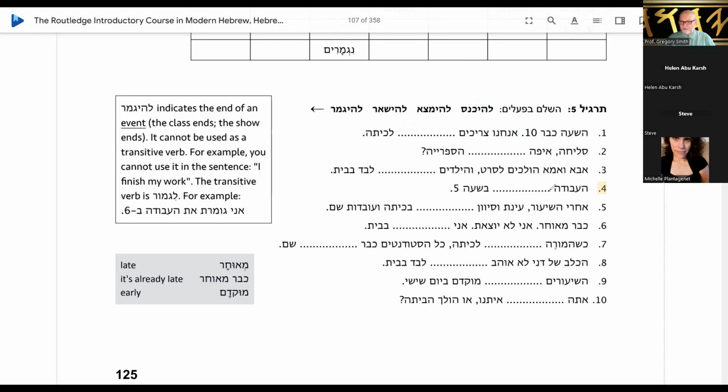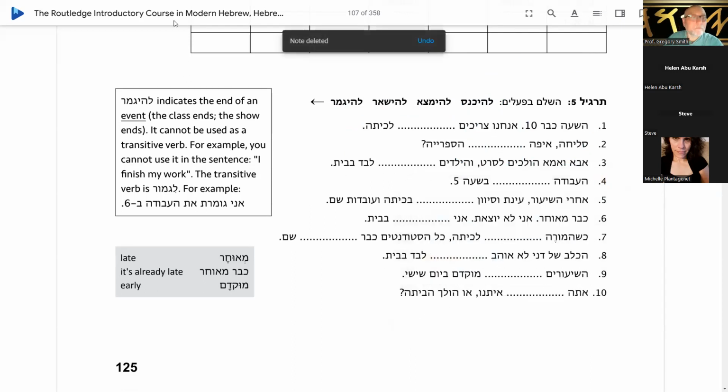So let's just double check and look at what they have for number 4 here. Okay, so here's our answer key. What they have here is ha'avodah nigmaret. Now I think I chose the correct verb form, basha'ah, but let's see what they've got there. Ha'avodah nigmaret basha'ah. Yeah, nigmeret.